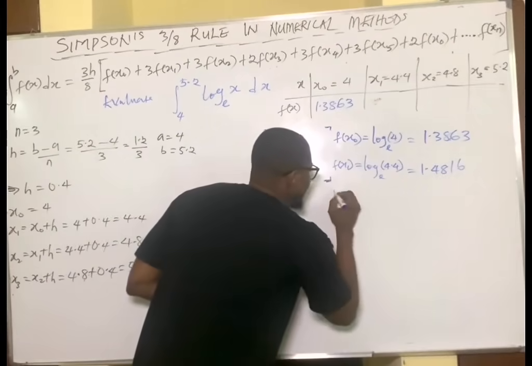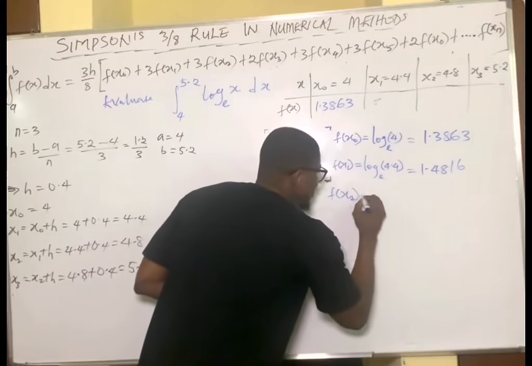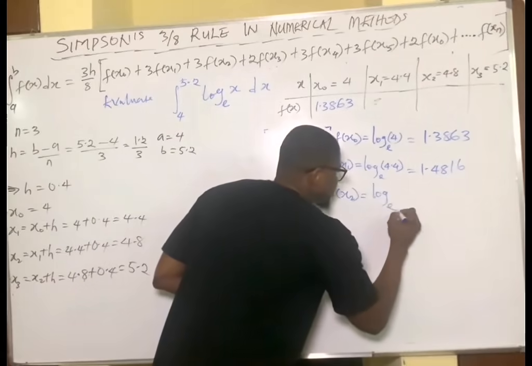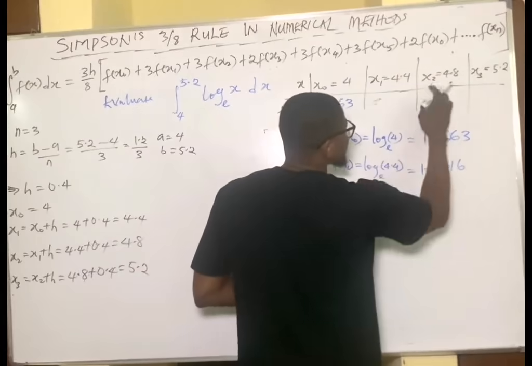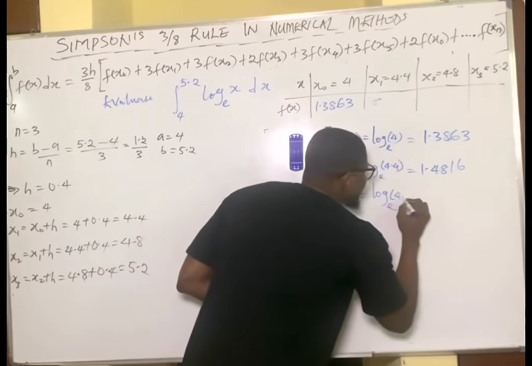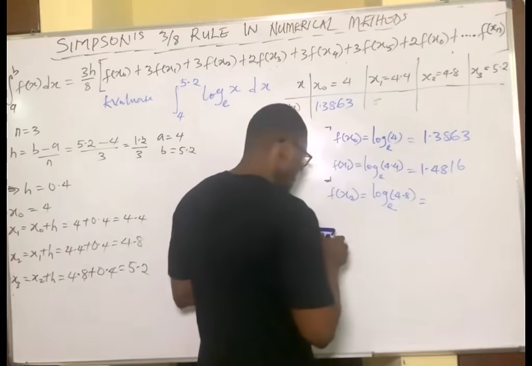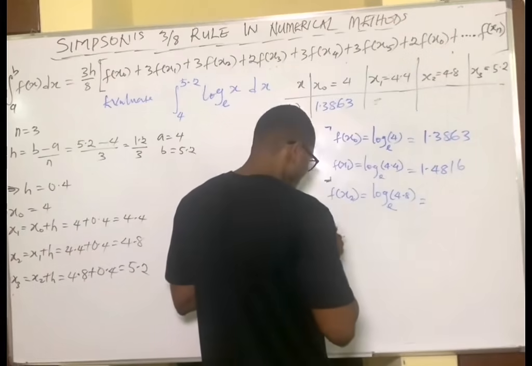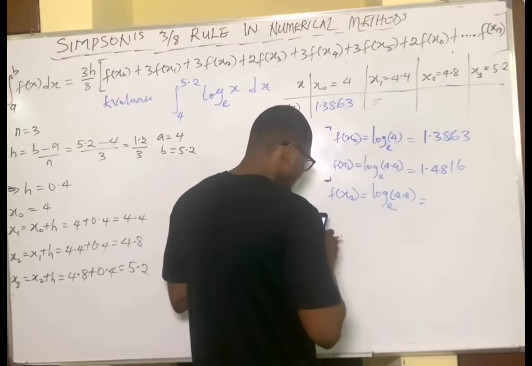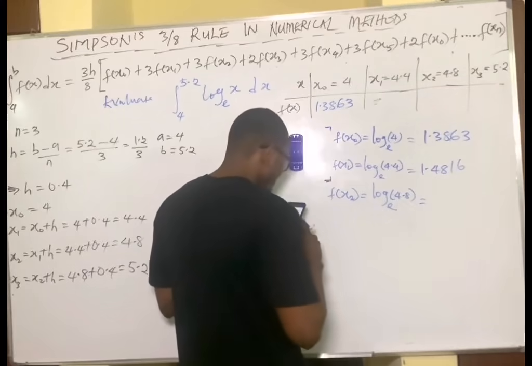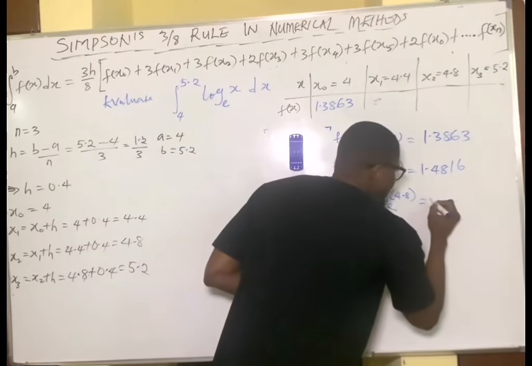Next, you find f of x2. This is going to be log to base e of x2. x2 is actually 4.8, so let's find natural log of 4.8. That simply gives us 1.5686 approximately.